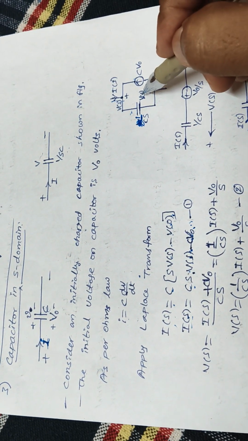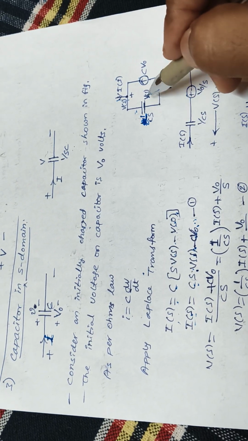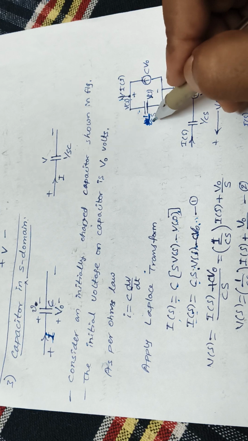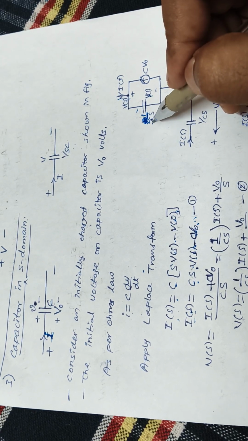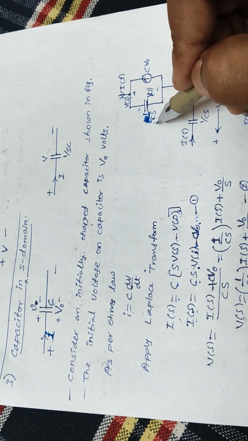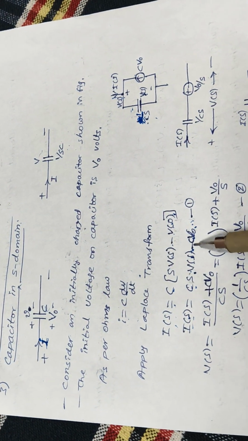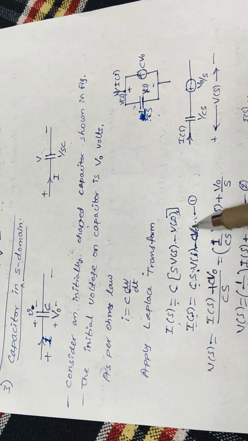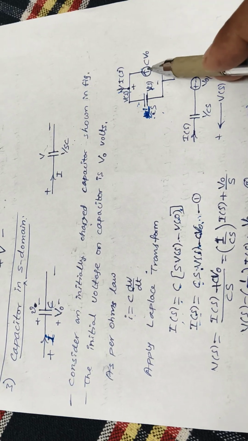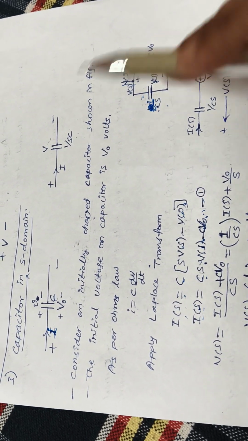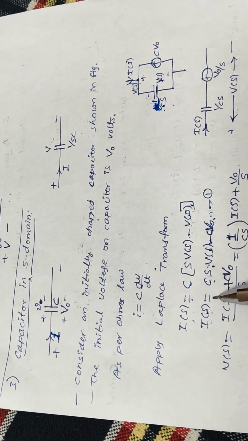Voltage divided by, what is the resistance here? What is the impedance here? V of S by 1 by Cs, which will become Cs into V of S, right? So that's why it is Cs into V of S minus CV naught. Minus CV naught means we have to represent the current source in the opposite direction. CV naught I have represented, just like in the inductor, I have done this current source.